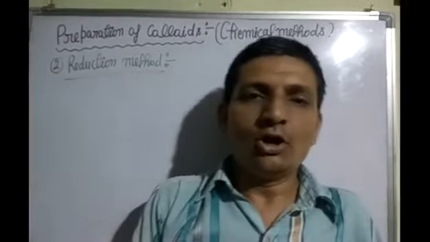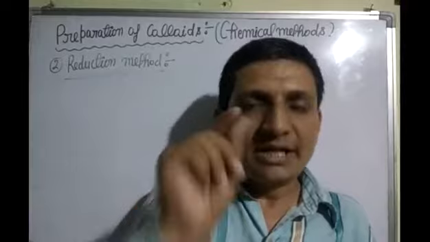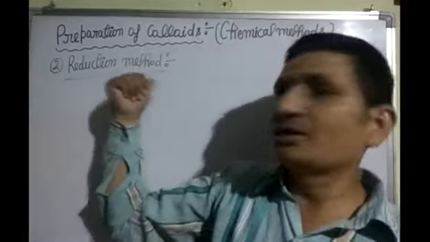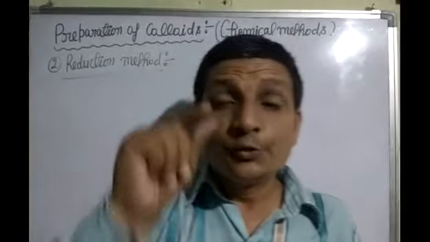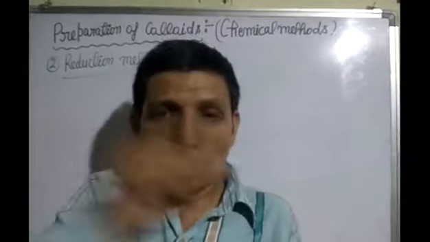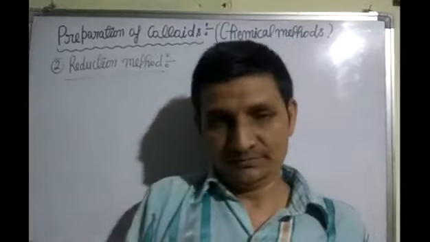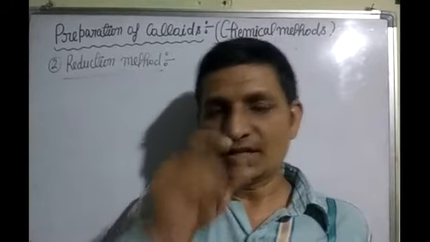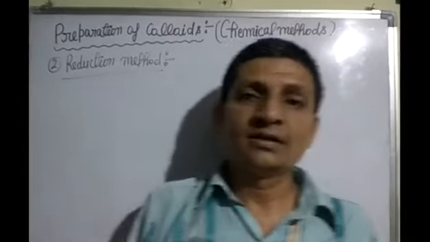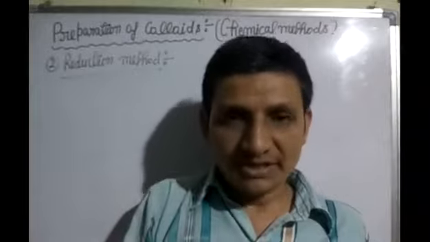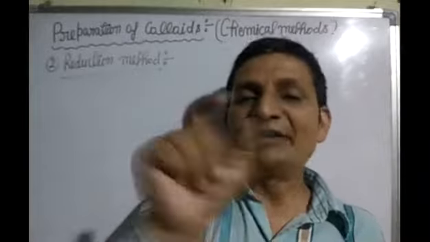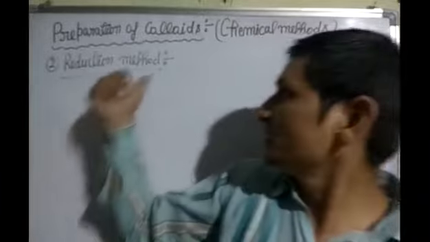Colloidal solution of gold, silver, platinum are prepared by reduction method, by reducing their salt solution in a suitable reducing agent, such as stannous chloride, formaldehyde, formic acid, hydrazine.